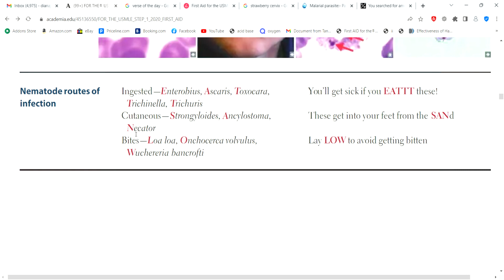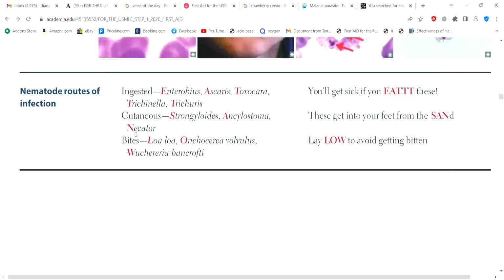Cutaneous just means that parasites enter the body through skin.